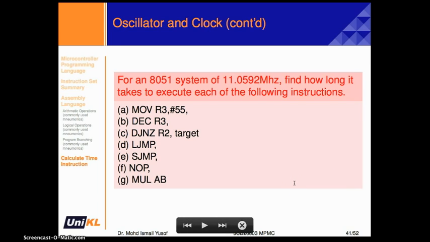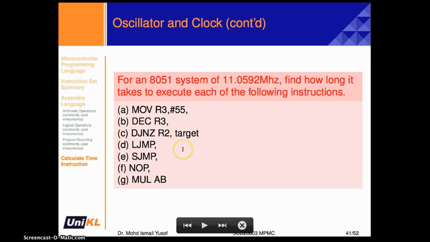Now we look at specific instructions for an 8051 system that utilizes 11.0592 megahertz. Find how long it takes to execute each of the following instructions. A: move 55 decimal value into register R3. B: decrement the value of R3. C: decrement and jump if not 0, the target, and R2.